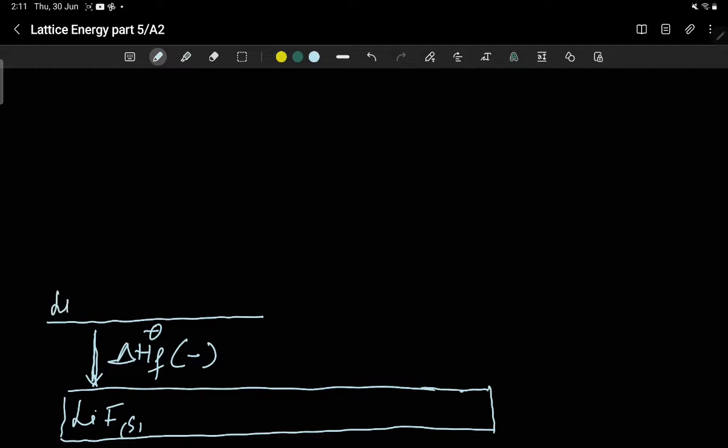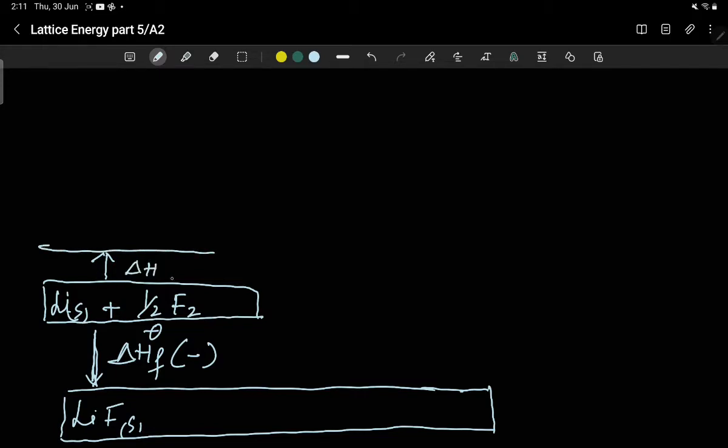Directly from lithium solid, then delta H of atomization of lithium from solid to lithium gas.